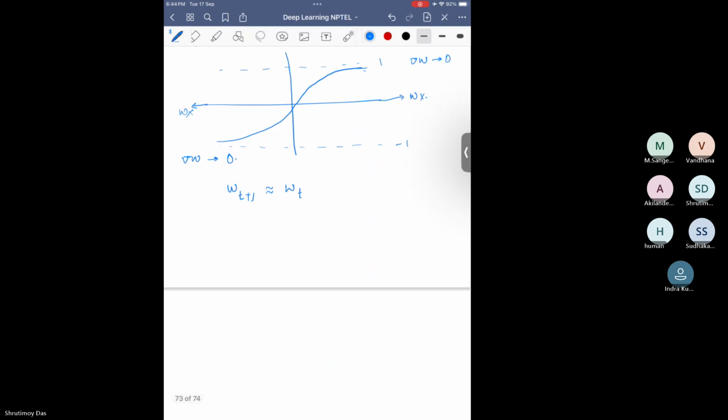So people came up with a different activation function called ReLU. If anyone has worked in deep learning algorithms, he or she must have come across this. This is called a rectified linear unit.